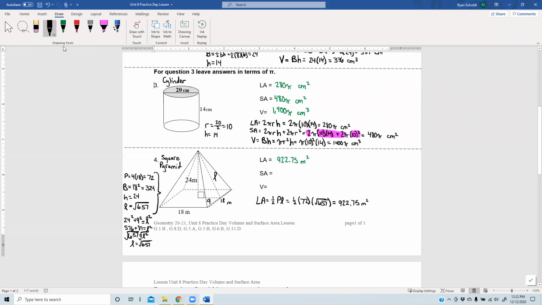Okay, now we need total surface area. That's going to be 1/2 PL plus B. So 1/2 times 72 times our ugly square root plus B, plus 324.